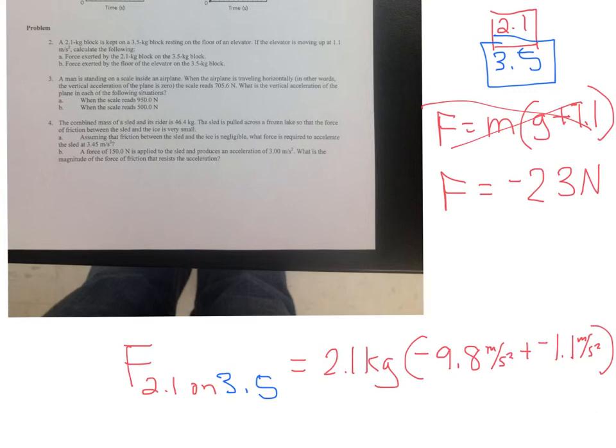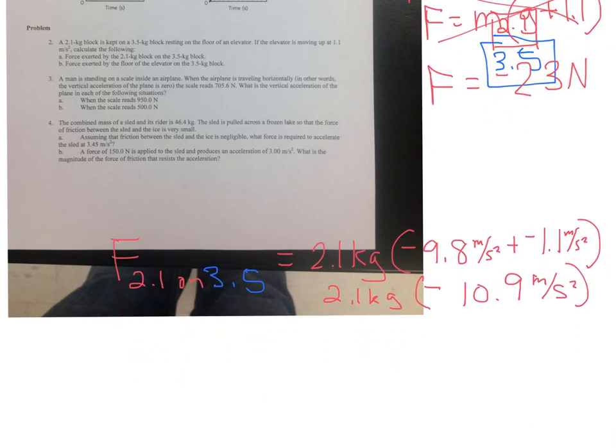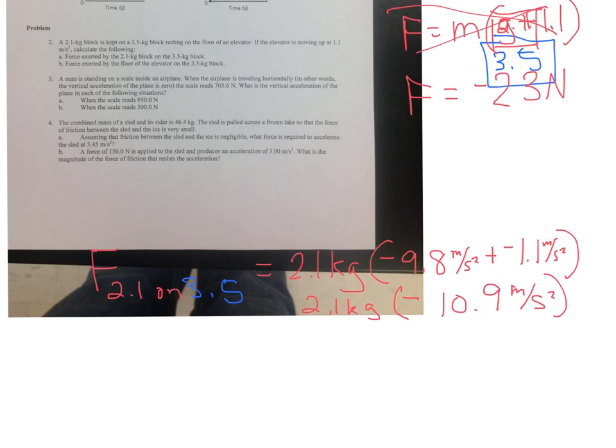We're actually adding those up. And so that is going to be equal to negative 10.9 meters per second squared multiplied by the 2.1 kilograms. And that is going to be equal to about negative 23 newtons altogether.